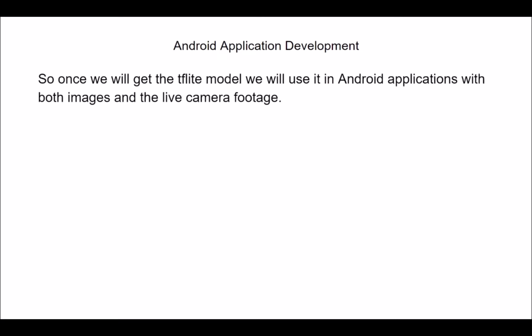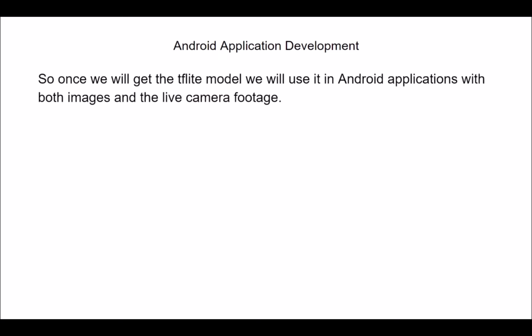So once we get our Lite model, we can use it inside an Android application with both images and live camera footage. So we are going to build two applications in that section. Firstly, we are going to build an application in which the user will be able to choose images from the gallery or capture images using the camera inside Android.